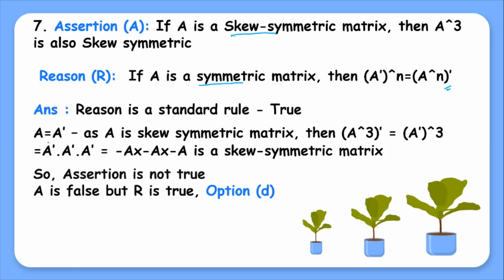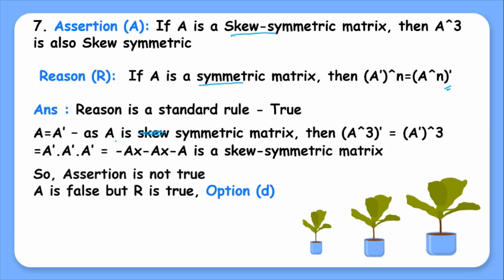A equal to A dash because it is given a symmetric matrix. Sorry, if it is a symmetric matrix. Here we will take it as negative. Then (A cube) the whole dash, or (A dash) the whole cube, means A dash into A dash into A dash.